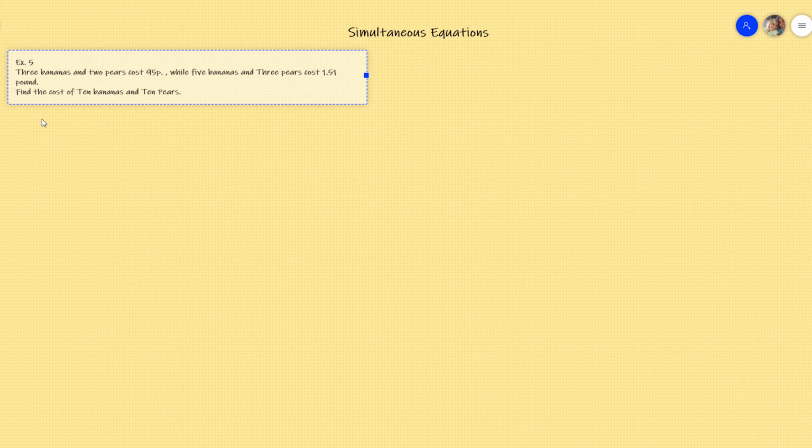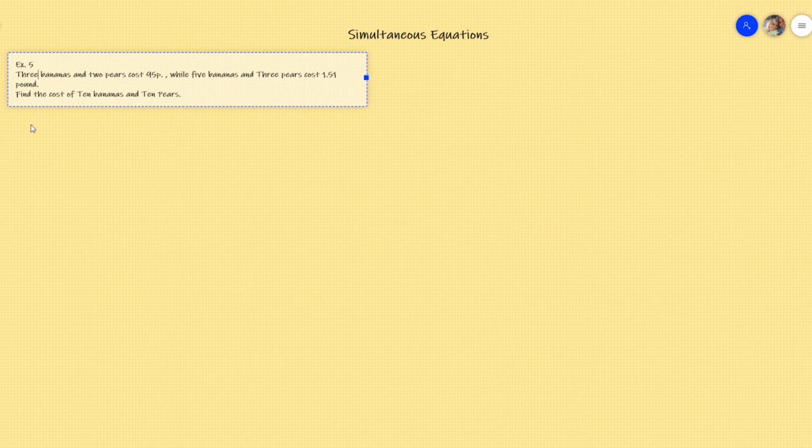So here, let's say banana is x and pears is y. Then let's read it again. They said 3 bananas, that means 3x, and 2 pears, that means plus 2y, cost 95 pence.